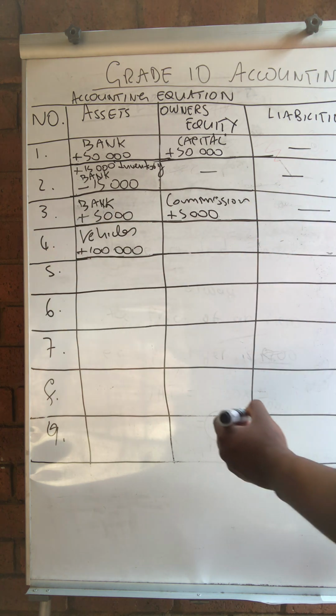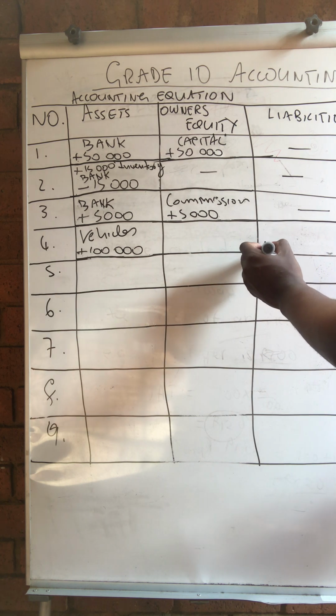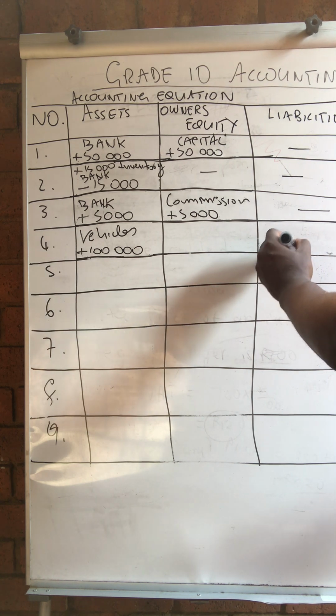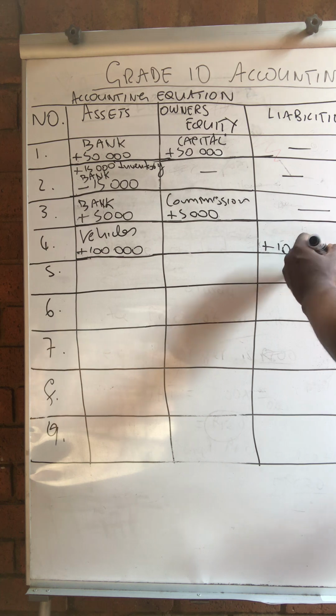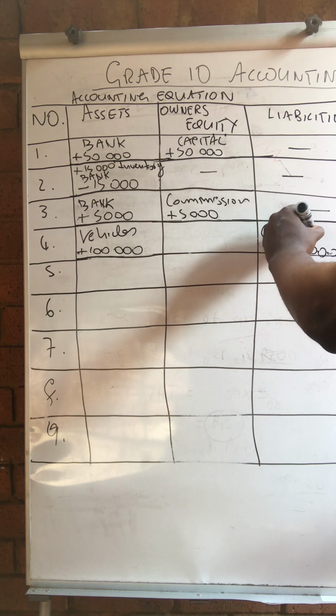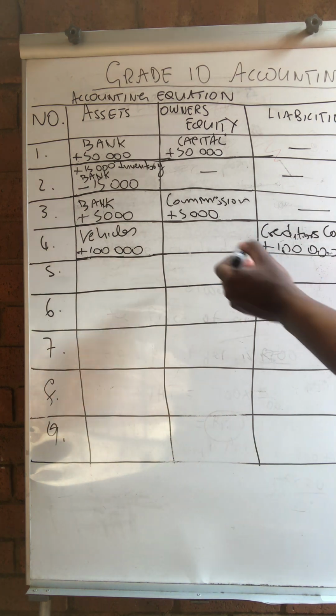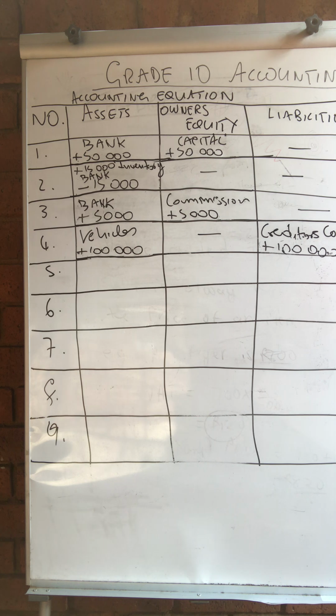This is for our delivery vans. And then how did we buy this vehicle of ours? We bought it on credit, which means our liabilities are increasing. So plus 100,000 on our liabilities, and the account affected is called creditors control. Nothing is happening to our owner's equity.